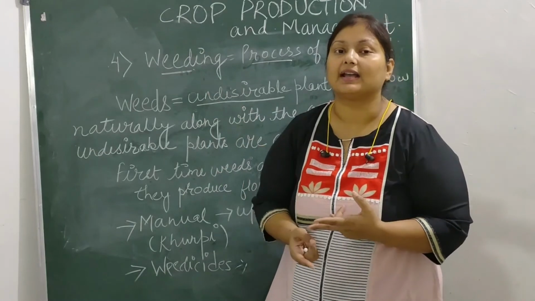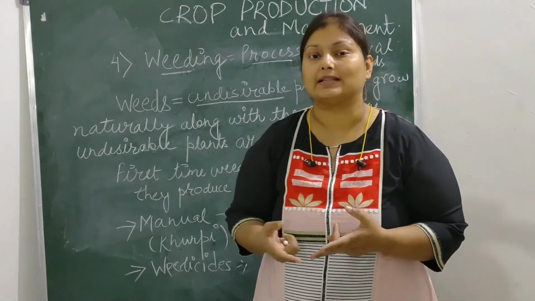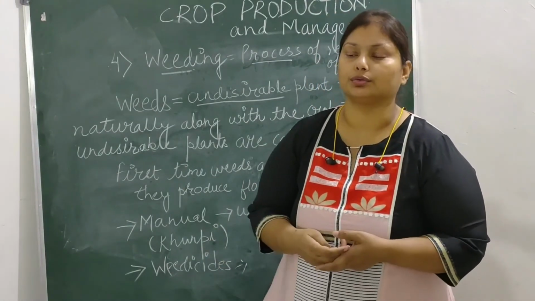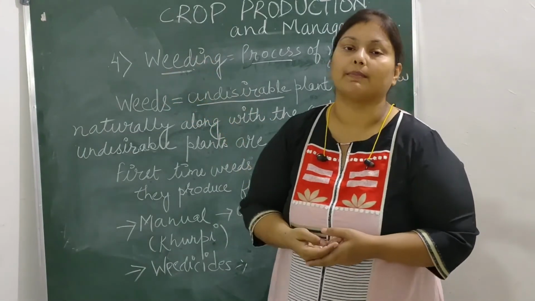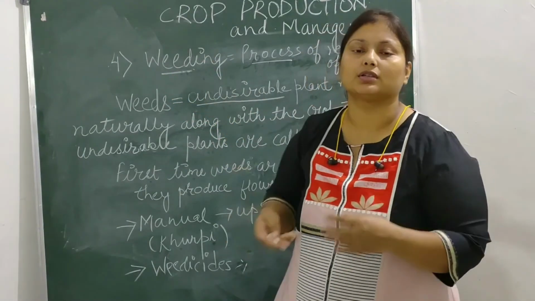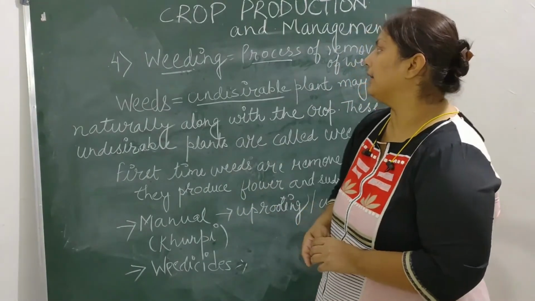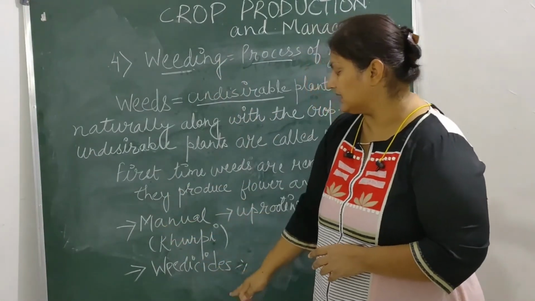What is the next step? Adding manure and fertilizer, whichever is best. Organic manure is better than fertilizer, because fertilizer has a drawback also. After this, weeding is done by the farmers. Weeding is the process of removal of unwanted plants from the field. The main methods are manual and weedicides.